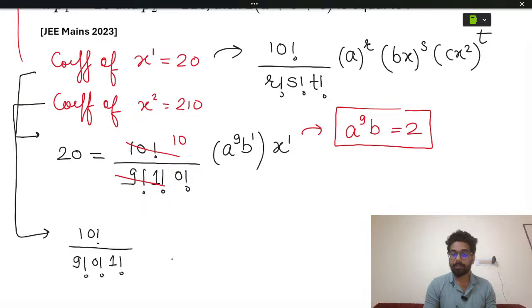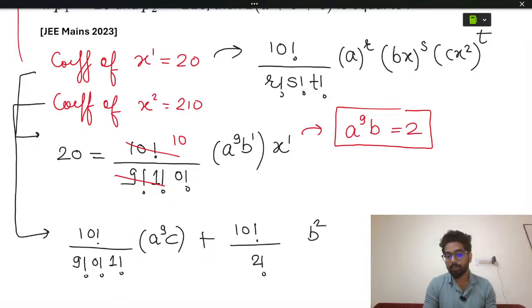Alright. So you write this as a power 9, bx whole power 0, so b got eliminated, cx square power 1 is this, plus the second case is 10 factorial upon, now the power 2 is totally generated by this x, so when s is 2, this becomes b square x square.